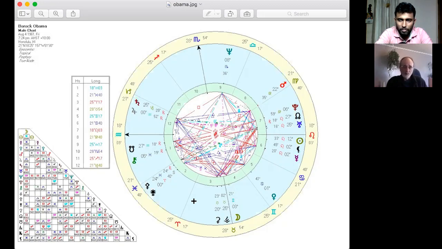And we can look at Pluto as the death rebirth process. Yeah, the transformative thing. Yes. And so it will take things out of our life, and when things go out of our life, it's because their value in our growth is no longer there.